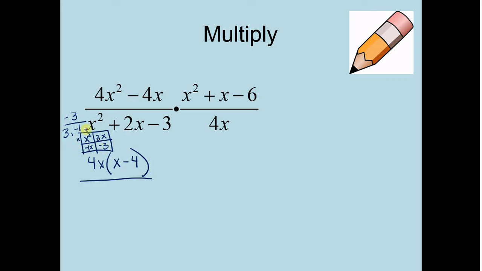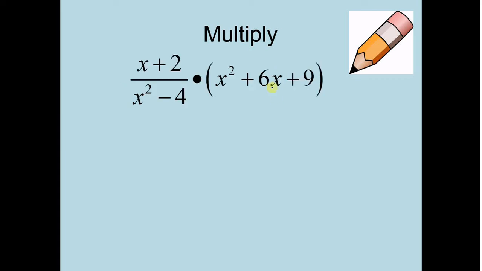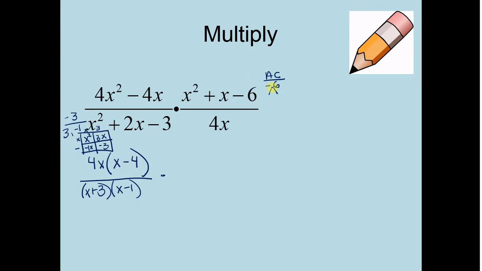So I'm going to have an x, a 3, and a negative 1. On the bottom here, x plus 3, x minus 1, times, now I need to do this top one, x squared plus x minus 6. My AC is negative 6. What two numbers multiplied will give me negative 6, but add together to give me 1?